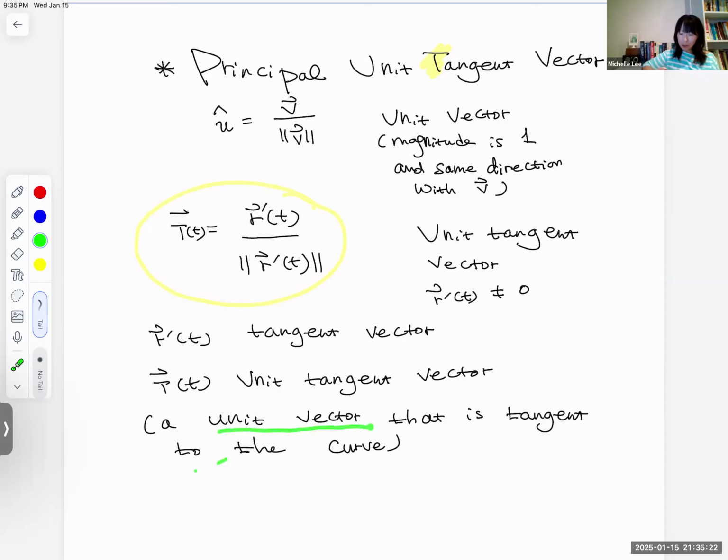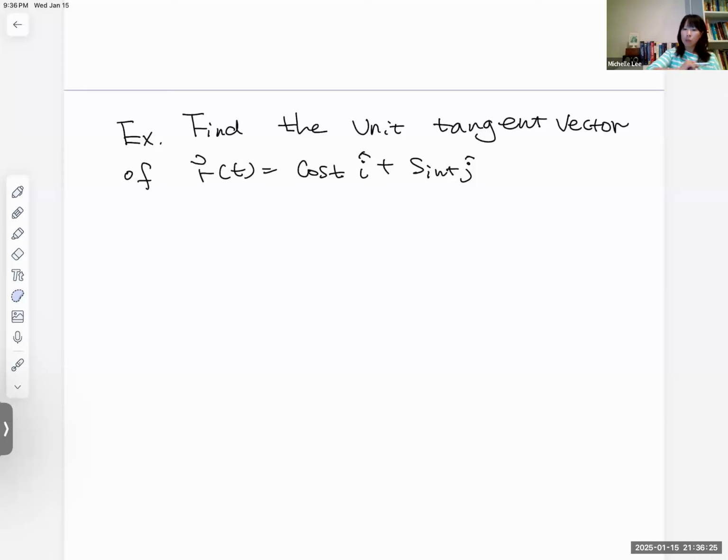So, a unit vector that is tangent to the curve. Let's do the example. Find the unit tangent vector of r of t. This is the question, but we did this one earlier, as it's showing you the tangent vector, right?